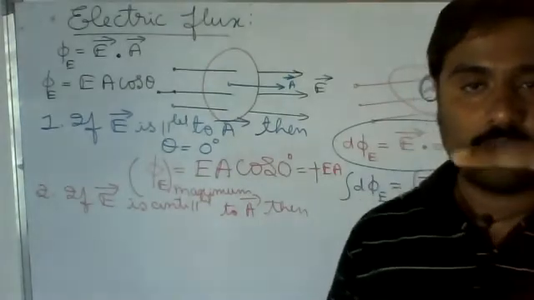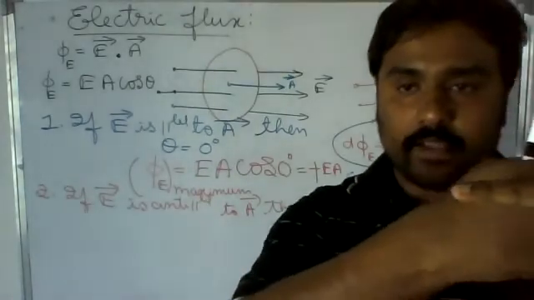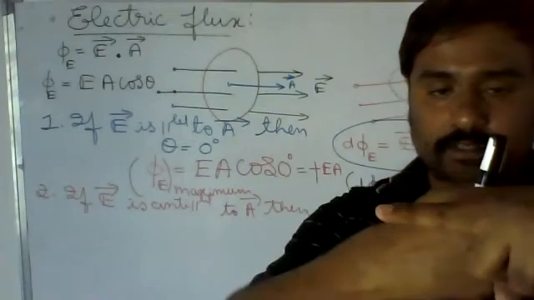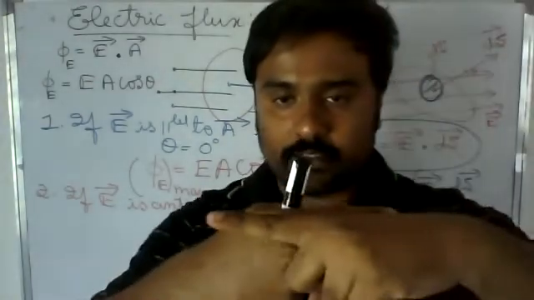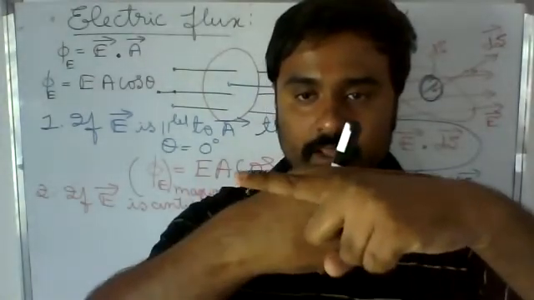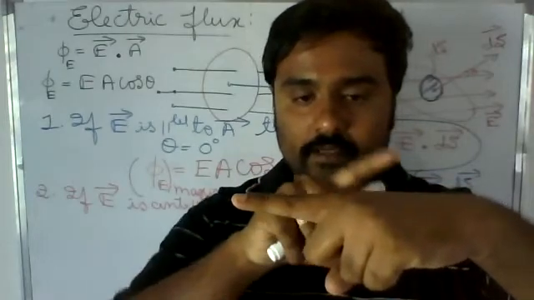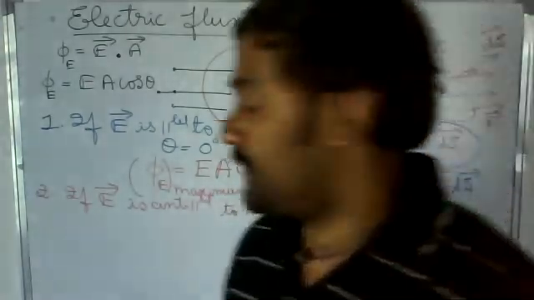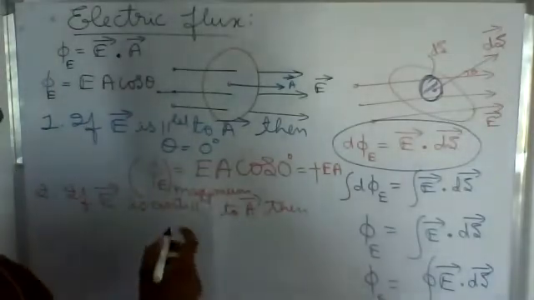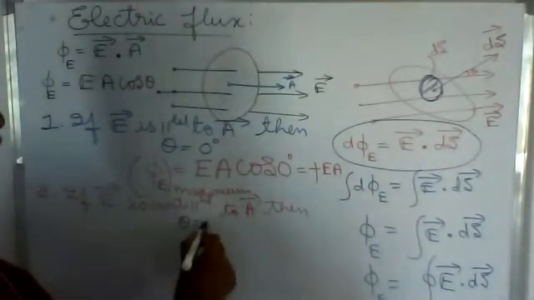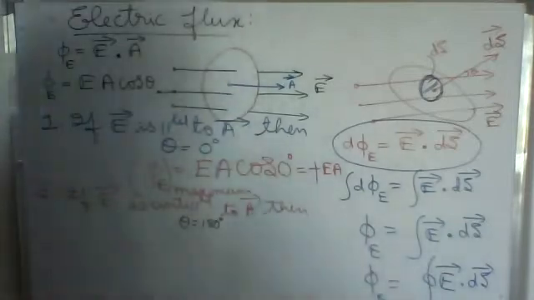The E vector is anti-parallel to the A vector. In this case, the angle in between them is 180 degree. So here theta is equal to 180 degree.